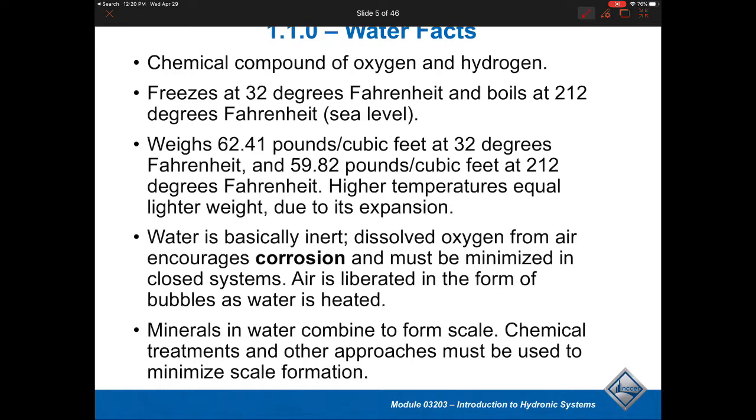The dissolved oxygen from the air would also encourage corrosion. When you bring in new water, you have some dissolved oxygen in that solution, which is one of the reasons for corrosion in a system. So when we bring in new water, say by refilling a system, or when you have a leak in the system, corrosion is a huge part that we have to deal with. So that's one we'll be careful with.